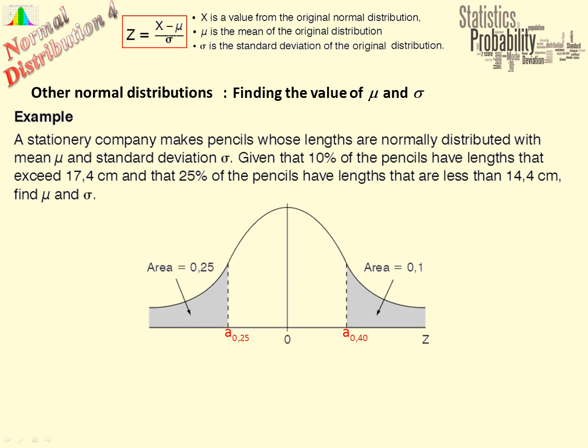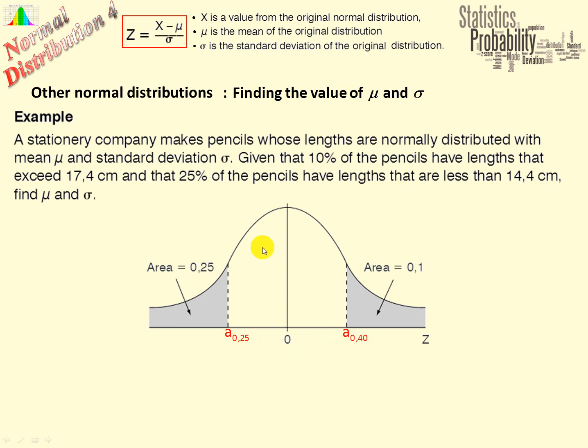So, if you consider the normal distribution, that percent having lengths exceeding must be on this side, so therefore that area is 0.1. 25% having less, that must be on this side, so therefore that's the 25%.